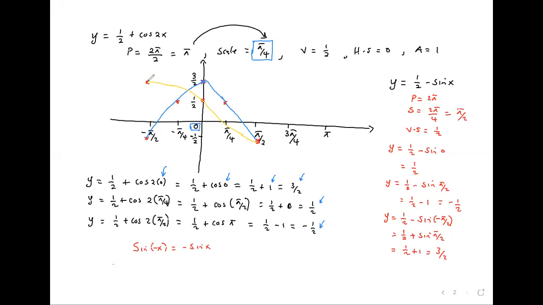I think the right sketch should not look like this. It should look like this, where this guy goes something like this. It hits there, and then the other one will be shaping like up.